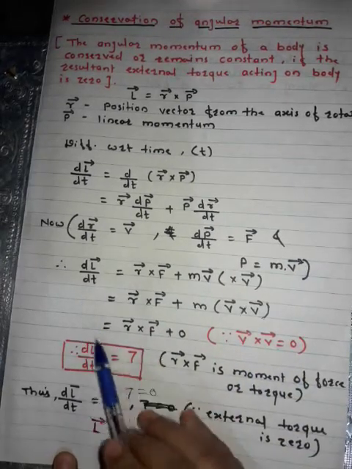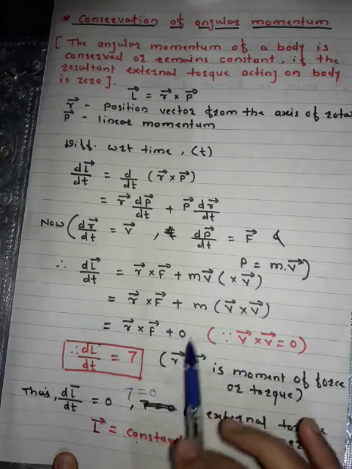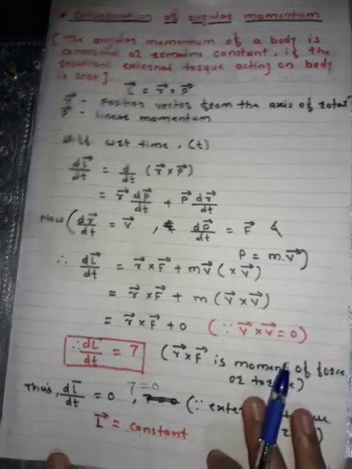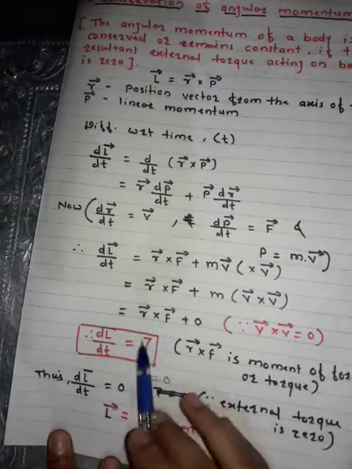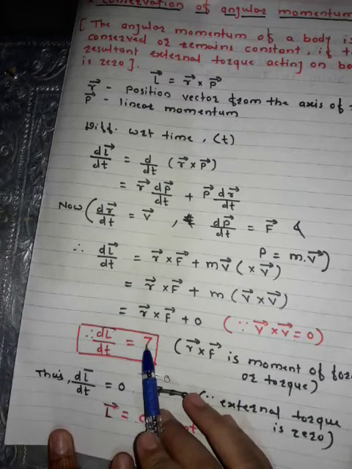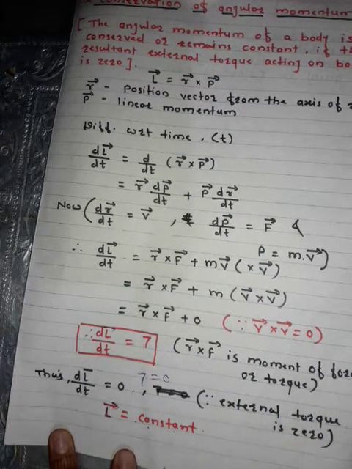Therefore dL bar by dt is equal to r bar cross F bar, which is tau, the moment of force, also known as torque.